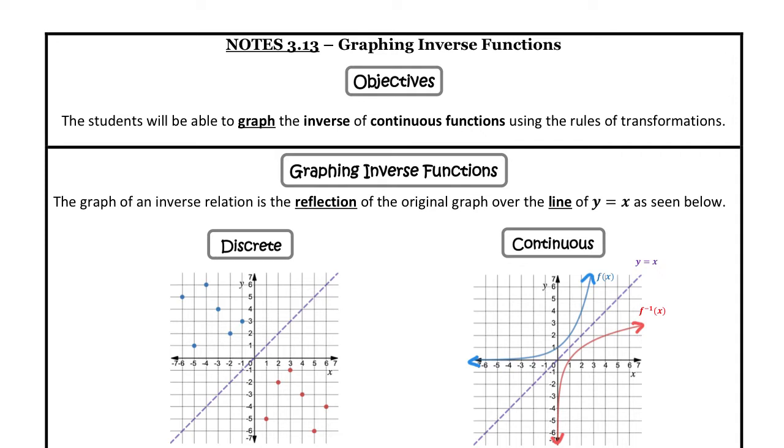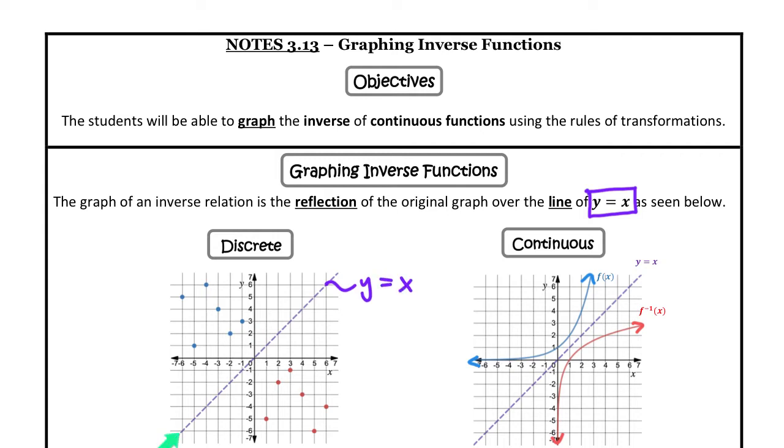So it says the graph of an inverse relation is the reflection of the original graph over the line y equals x, as seen below. So this line y equals x is this line right here.